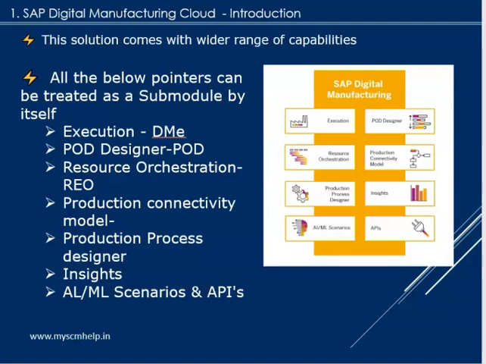Production connectivity model. This is more about the plant connectivity process. In case you want to have full control, like you want to measure the temperature of an oven, and if you want to even increase or decrease the temperature of an oven or some other connected machines, then this production connectivity model is one area which will help us to achieve all those things.